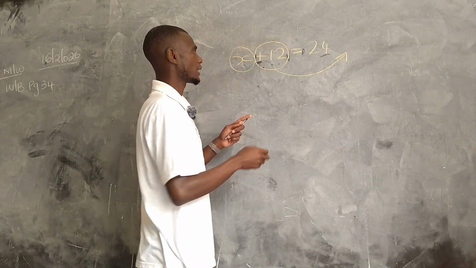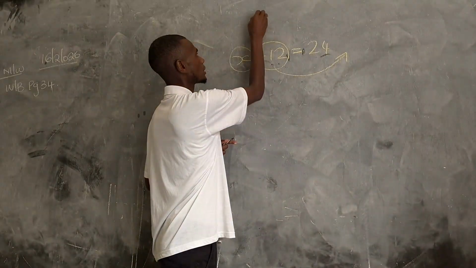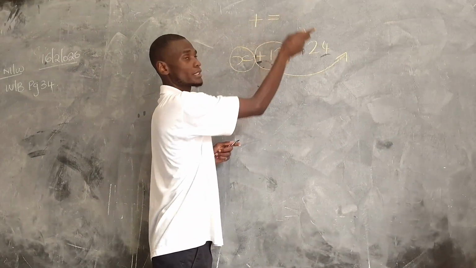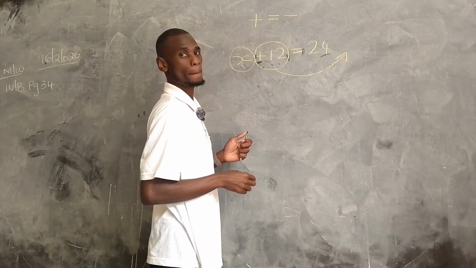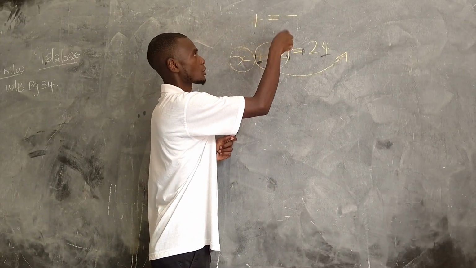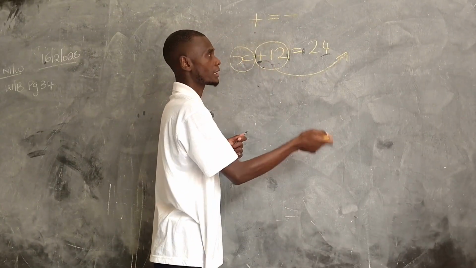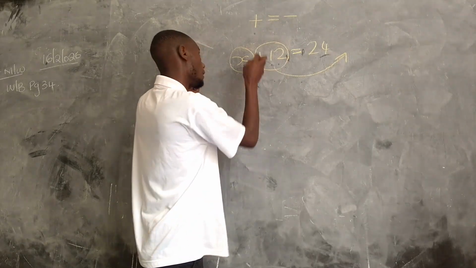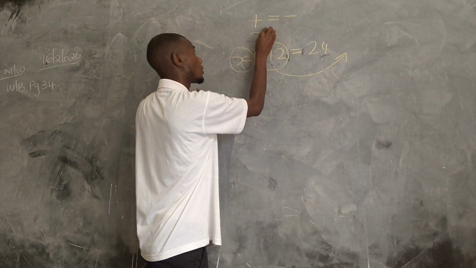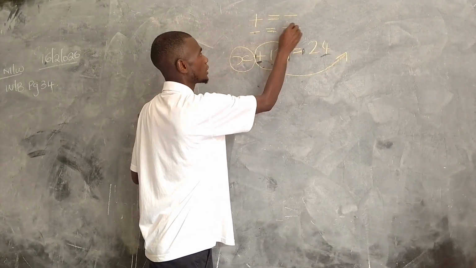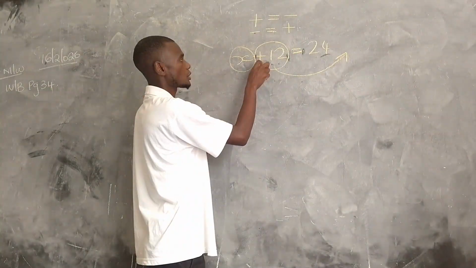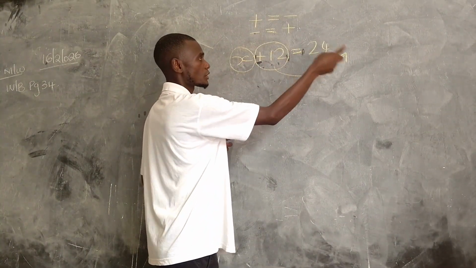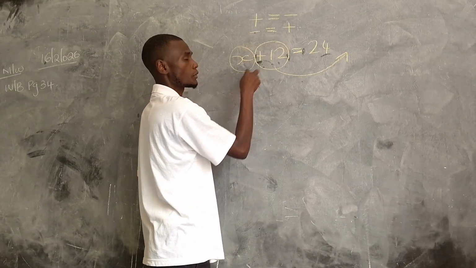There is a rule that says if you have a positive and it crosses an equal sign, goes the other side, it becomes a negative. And if it was a negative and it crosses an equal sign, it will change to a positive. So that is the rule. Because this one is positive 12, if it crosses the other side, this positive will have to change.